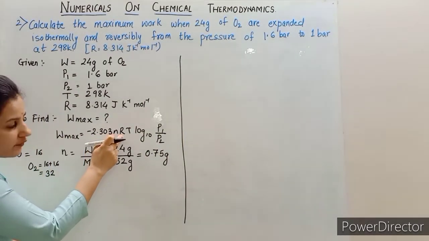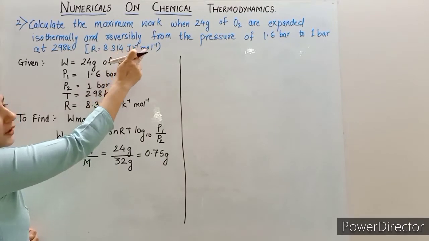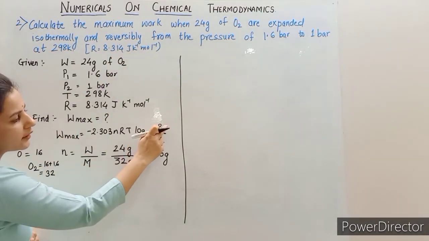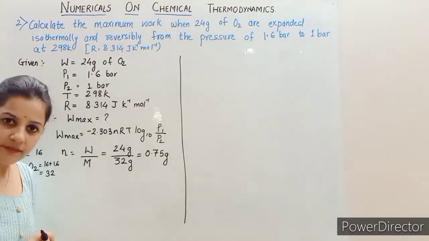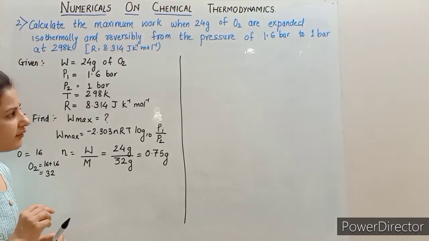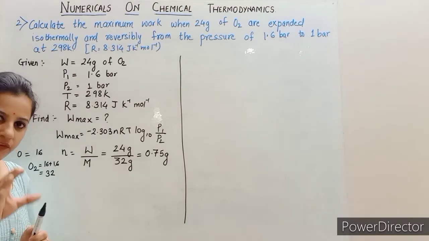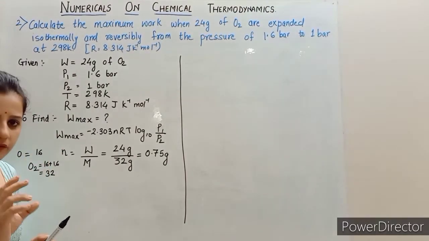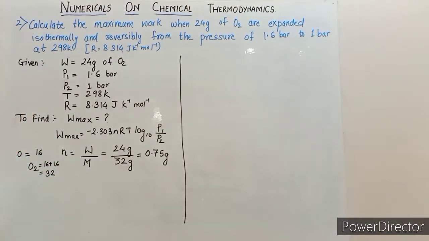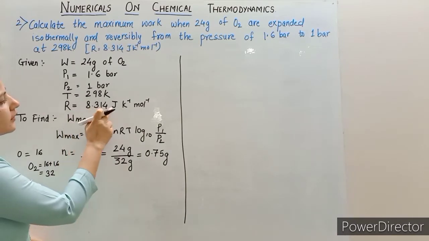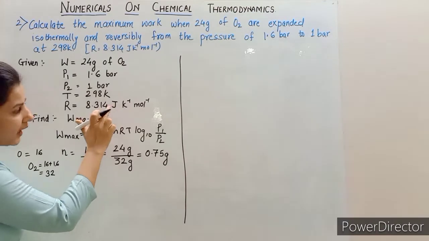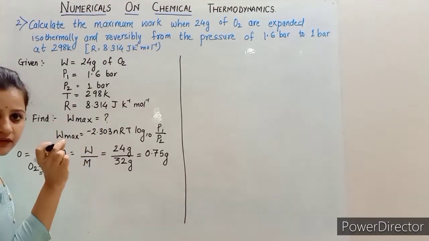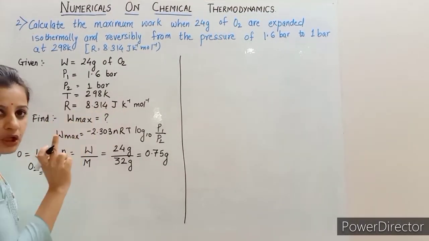Now R is given. R is in joules per Kelvin per mole, and P1 and P2 are given. Both are in bar, and temperature T is in Kelvin. So everything is given. We have to just put all the values and find out the answer. This is joules per Kelvin per mole, so whatever answer for the work done will come out, that will be in joules.